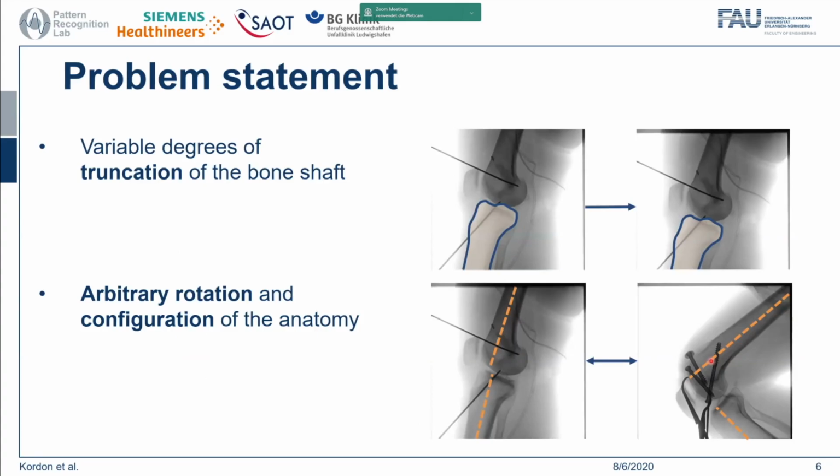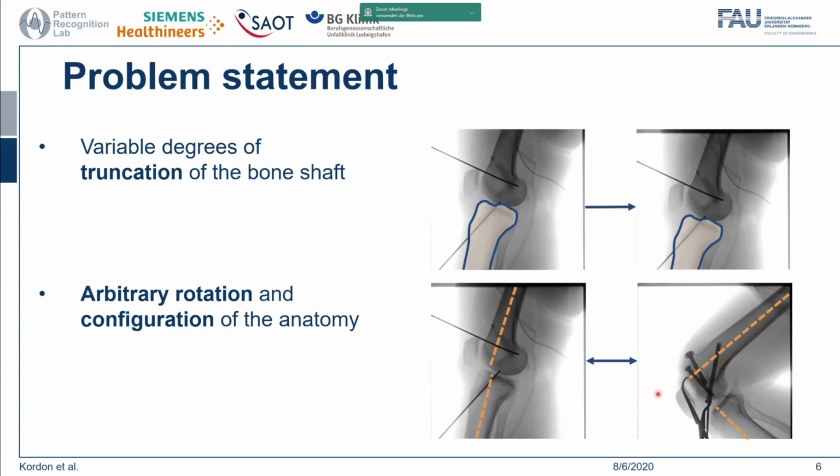Current solutions for detecting the anatomical axis usually work on very standardized images preoperatively. But in an intraoperative setting with mobile C-arm X-ray images, images of these target anatomies suffer from different truncation levels of the bone, so we cannot assume that the shaft area for which we detect this axis is always the same. Also, our target anatomy is rotated and configured in an arbitrary fashion.